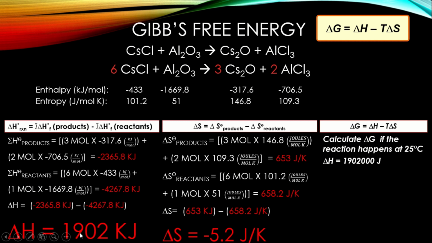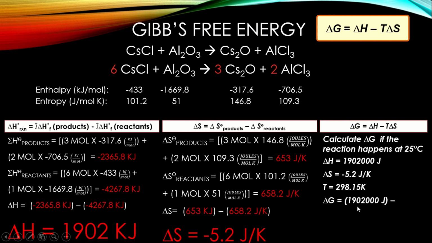So this times 1,000, you will have 1,902,000 joules. Next, our delta S is negative 5.2 joules over Kelvin. Our temperature is 25 degrees Celsius plus 273.15. Kasi ang unit ng temperature natin dito ay Kelvin, so the Celsius must be converted into Kelvin by adding 273.15.